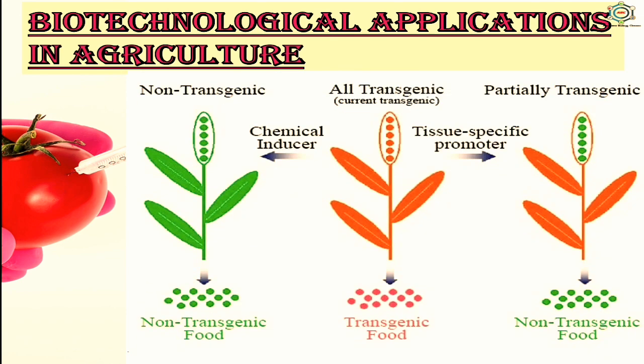The second, through direct introduction of DNA, involves co-cultivation, that is, culturing the recipient protoplast with purified DNA, or electroporation, that is, application of electric impulses to change the porosity of the protoplast so that it directly imbibes the purified DNA, and microinjection, that is, direct injection of DNA with the help of a micropipette.